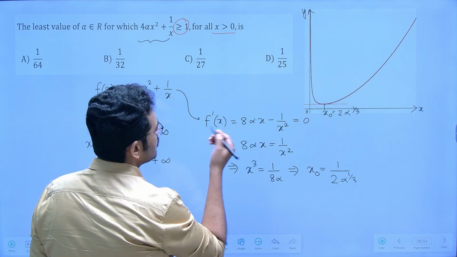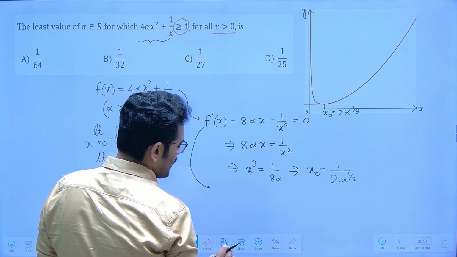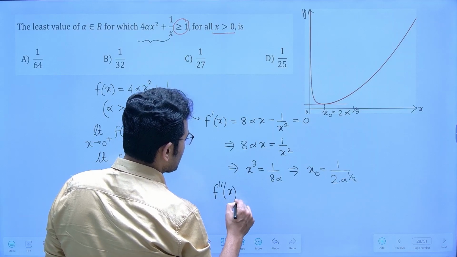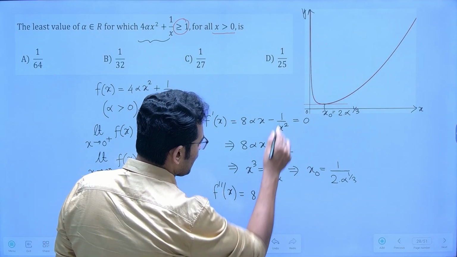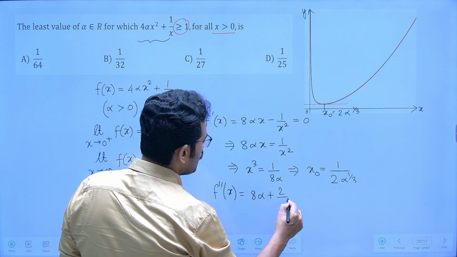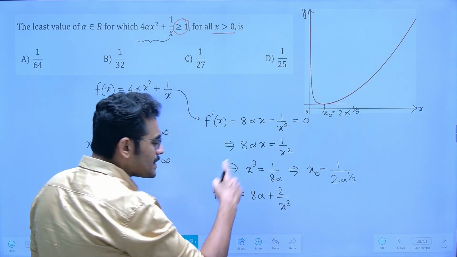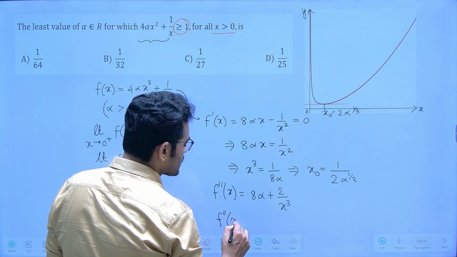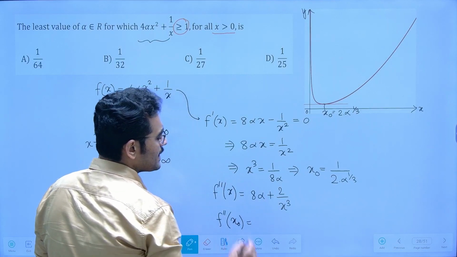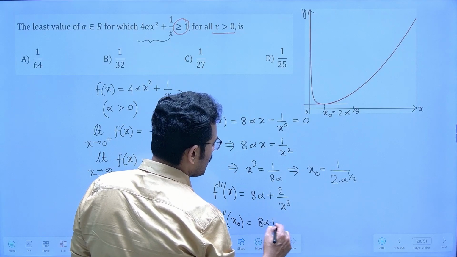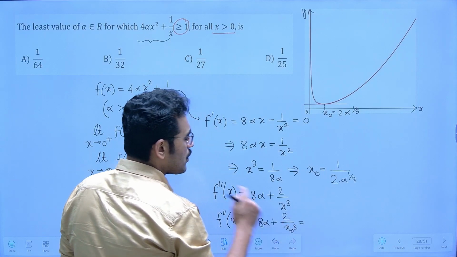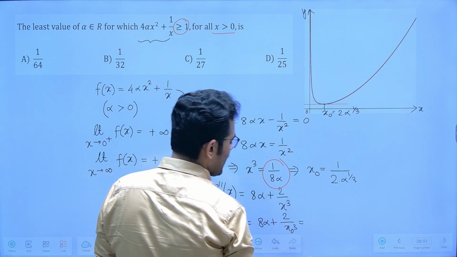Let us further confirm that. You can easily find the double derivative. So the double derivative f double dash x is equal to 8 alpha plus 2 by x cube. So what is the double derivative value at that point? f double dash x naught: if I replace x by x naught, we will get 8 alpha plus 2 by x naught cube. And what is x naught cube? x naught cube is 1 by 8 alpha.